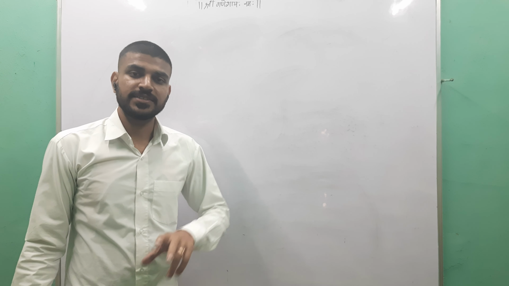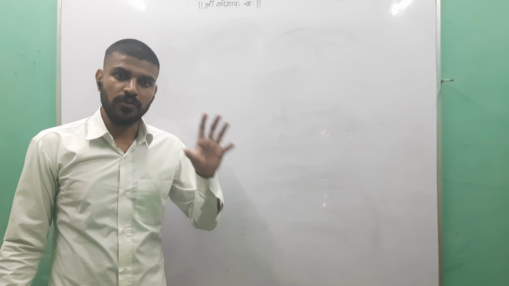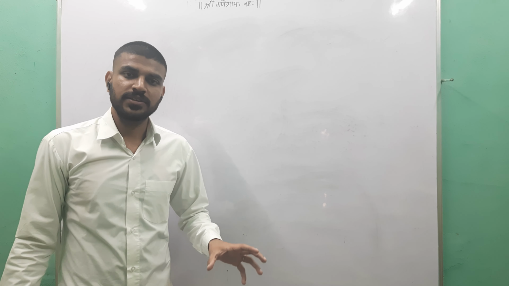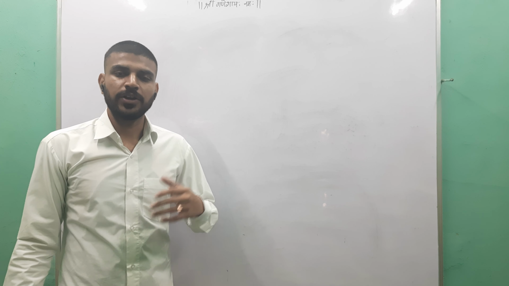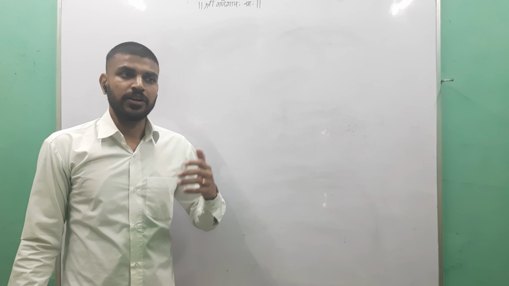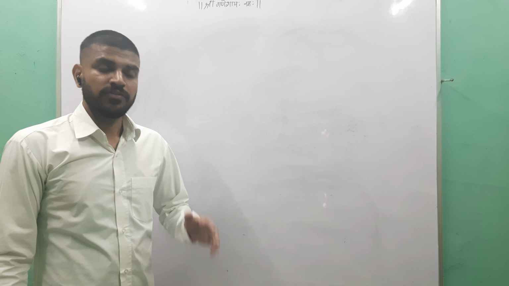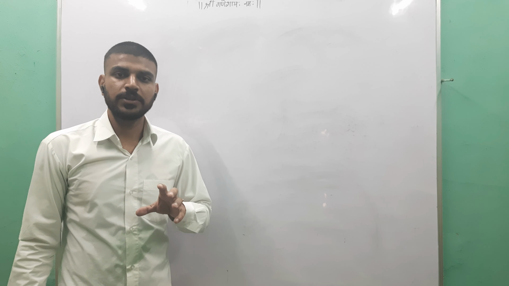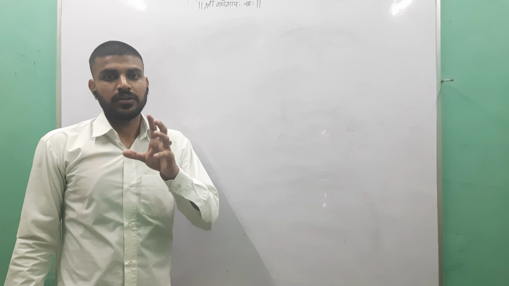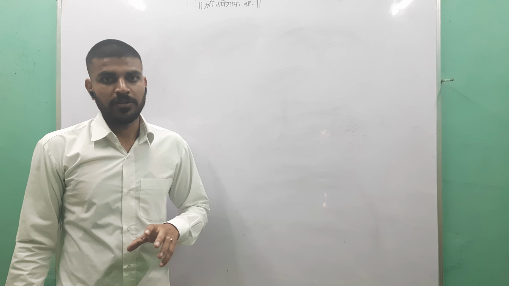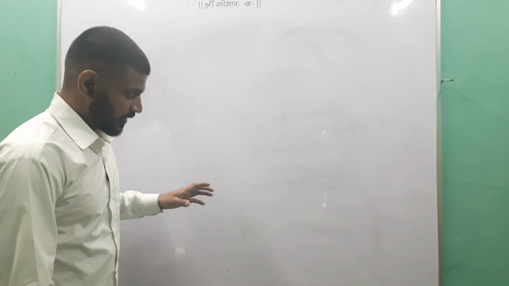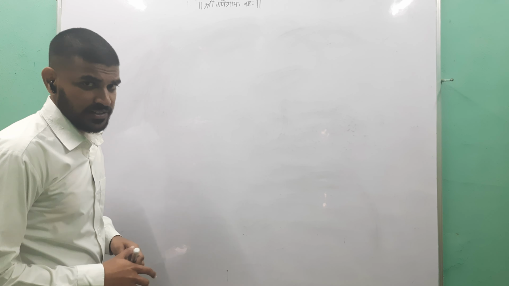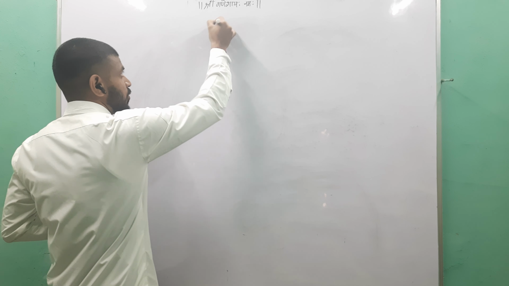First we will focus on chemical bonding, how chemical bonding can be explained in inorganic compounds, and further we will move to the second part, the molecular structures of inorganic compounds. So let's start with the first part of the chapter, which is chemical bonding.